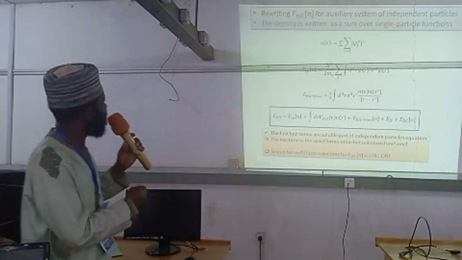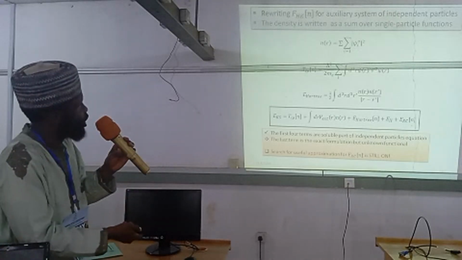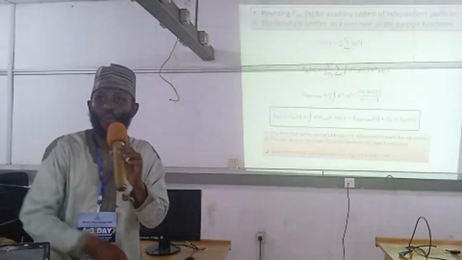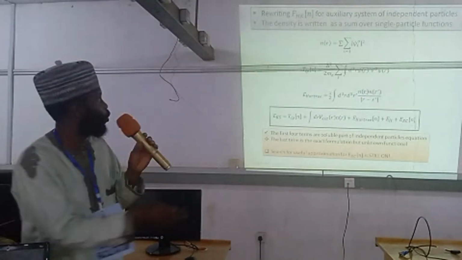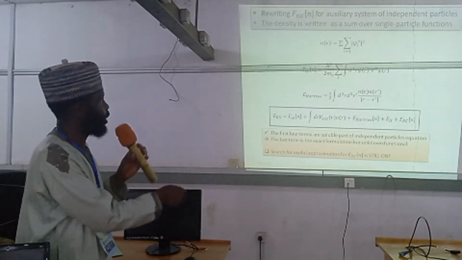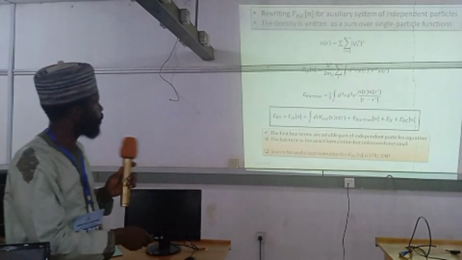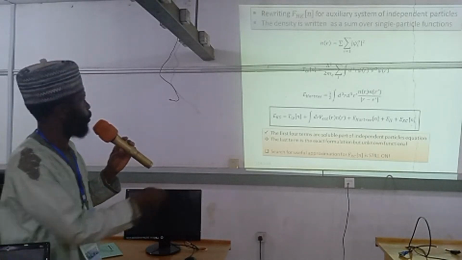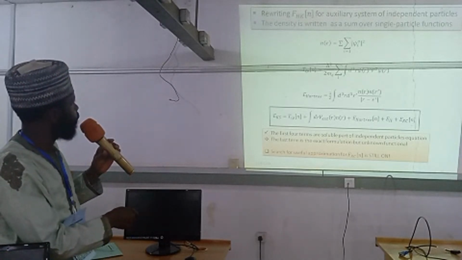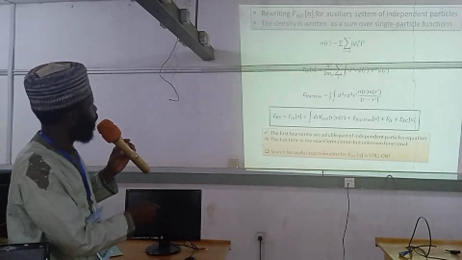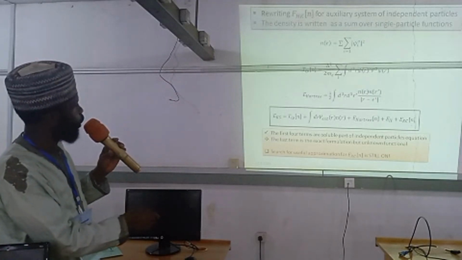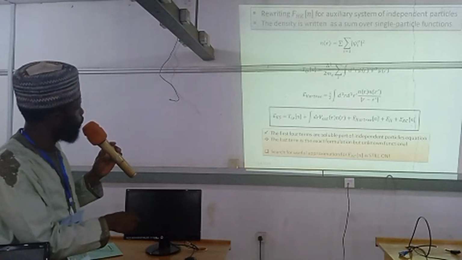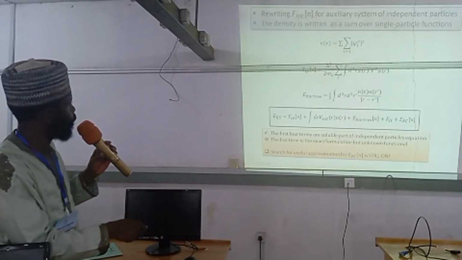So writing the functional for the auxiliary system of independent particles, the density is written as the sum over all single-particle functions. I have shown this in one of my slides. Now we have the energy for independent particles, then the Hartree energy, so that we have the total energy given by these expressions.